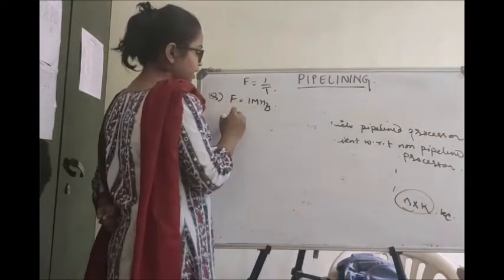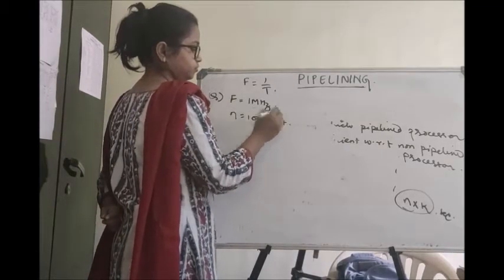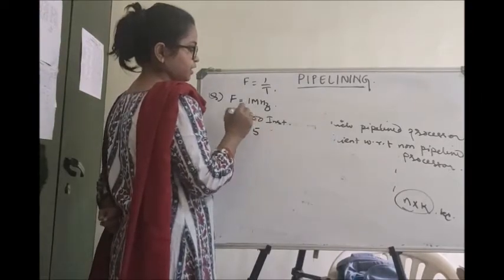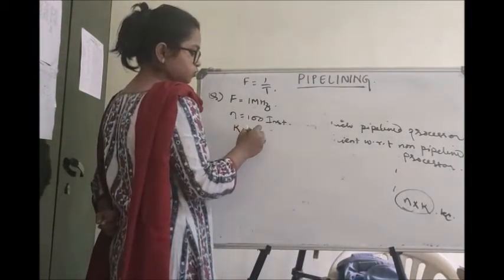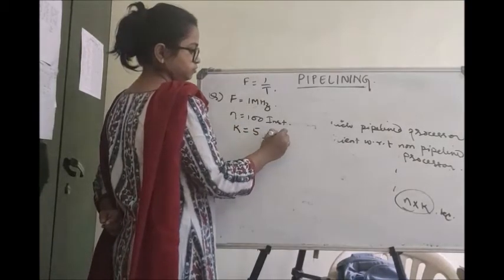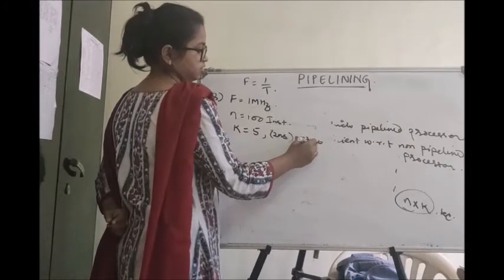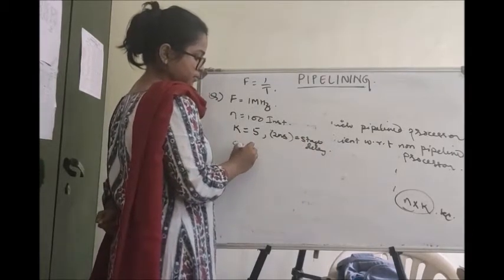You are given n equal to 100 instructions, and k, the number of stages, is 5. Each stage takes a delay of 2 nanoseconds. What is the speed up, is the question.